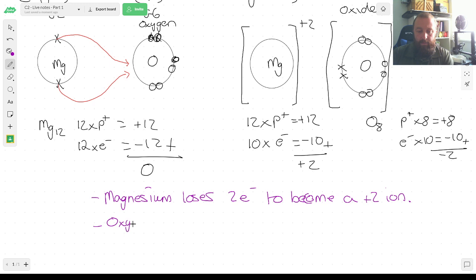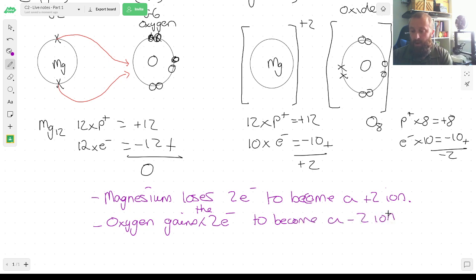Oxygen gains 2 electrons, and I would probably put the 2 electrons, or I could just put the electrons, to become a -2 ion.